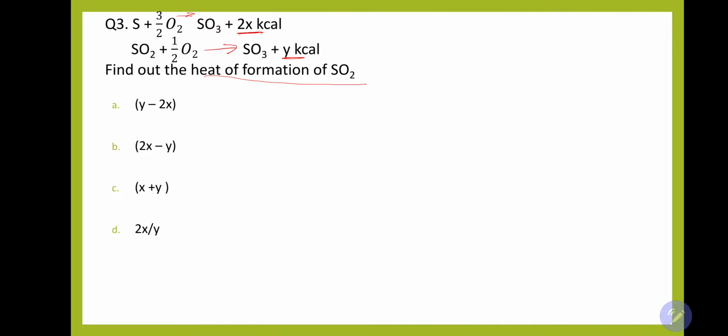So first of all let us see the equation for formation of SO2. The equation will be S plus O2 gives SO2, and let its enthalpy be delta H3. As we don't know it, we have to derive it. What we'll do is number these equations as 1 and 2, so it will be easy for us to solve.